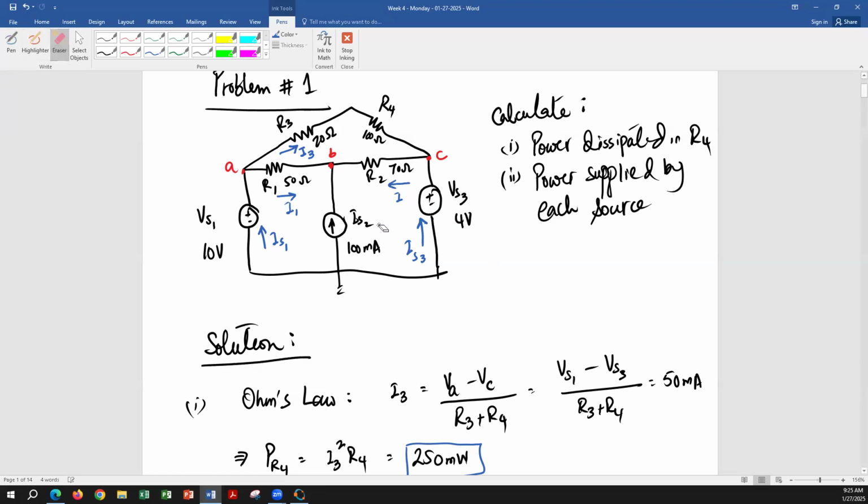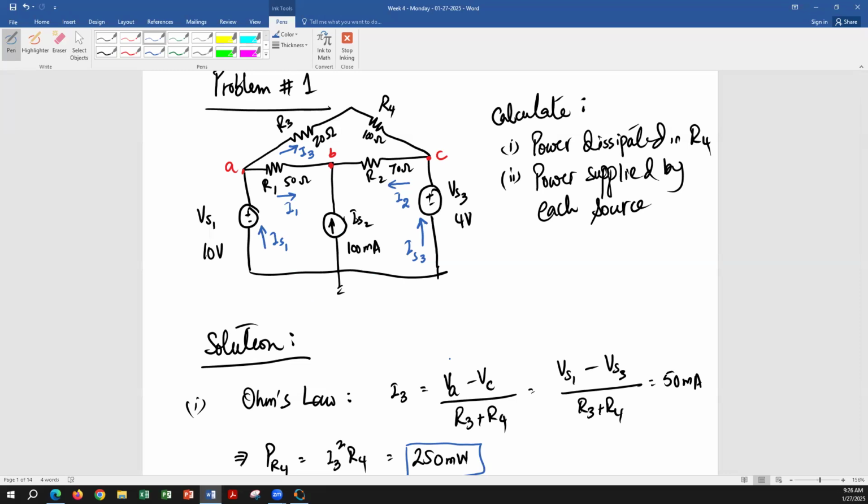Very good. And then what is the last thing that is left? We have the voltage VB, because that's what we're looking for. Once we have VB, that's the voltage across IS2. Remember, to get power from a source, we need the voltage across that source and the current passing through it. So we need IS1, IS3, and VB in order to calculate the power of each source.